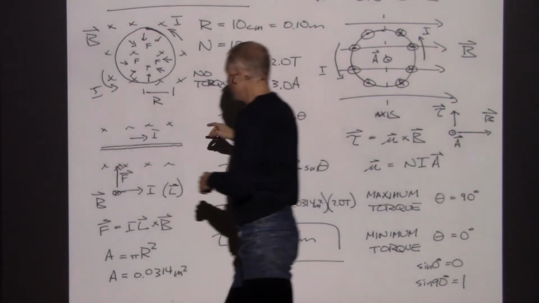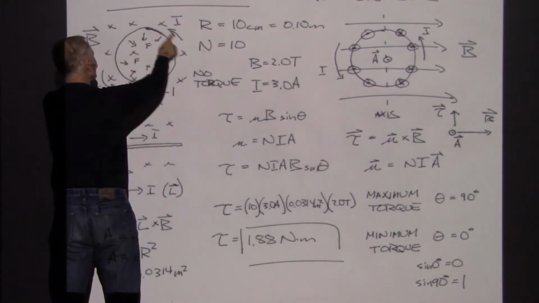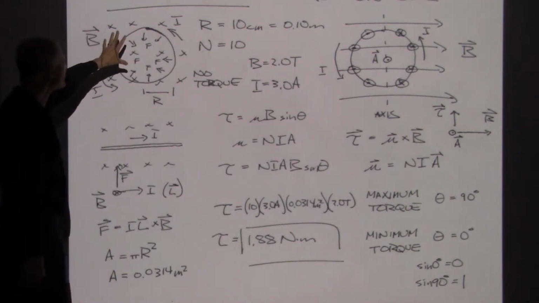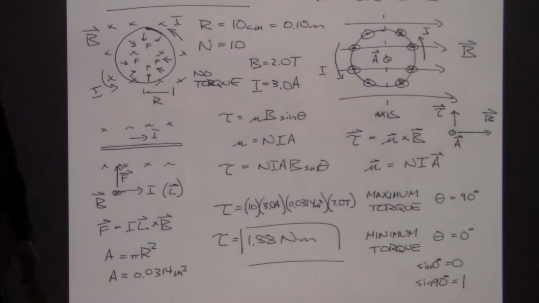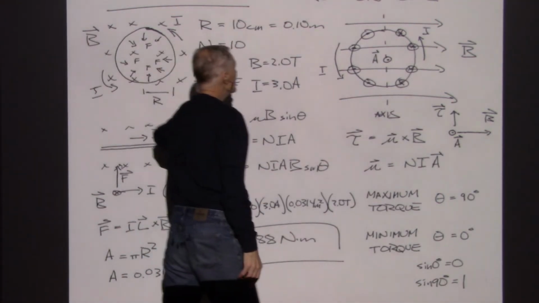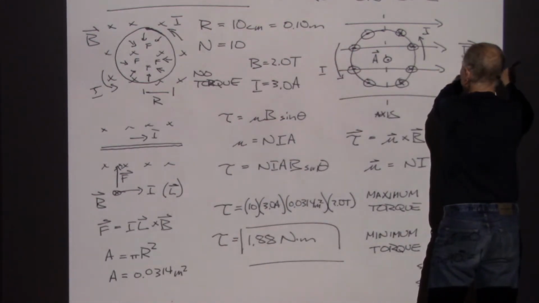Now the picture I had over here was with the magnetic field going into the board, and if I place the loops in this orientation, this is just pointing out that's an example of no torque at all. Now in this picture I've changed the magnetic field so it's running from left to right.